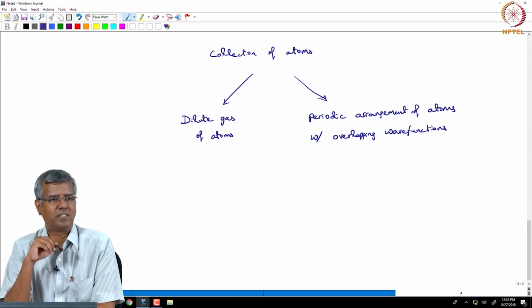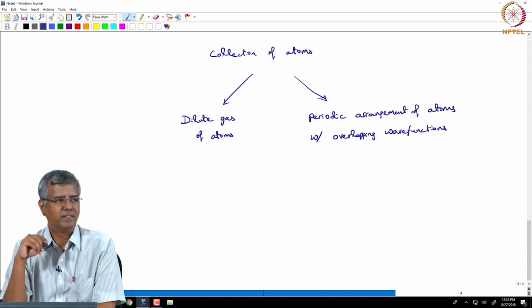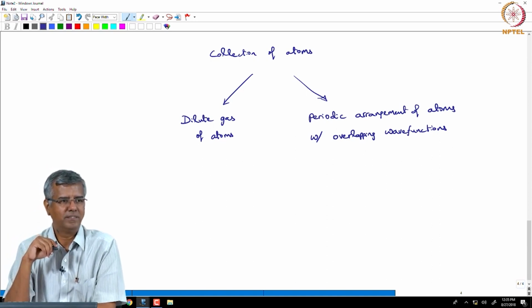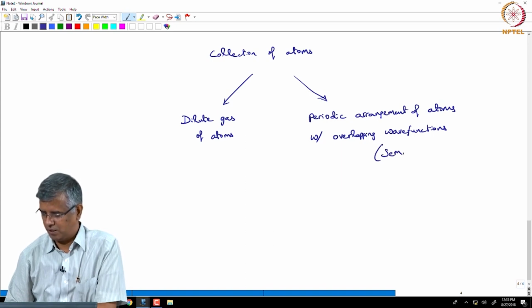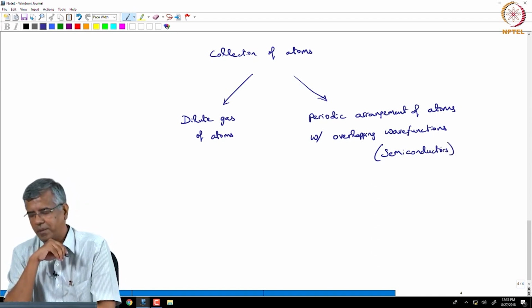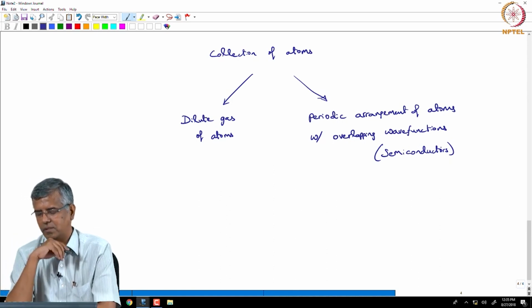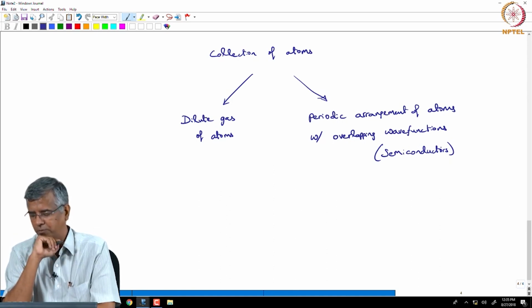Periodic potential wells whose wave functions are overlapping each other. Does that remind you of something? That is what you find in semiconductors, right. So, in semiconductors you typically have this periodic arrangement of atoms with overlapping wave functions.